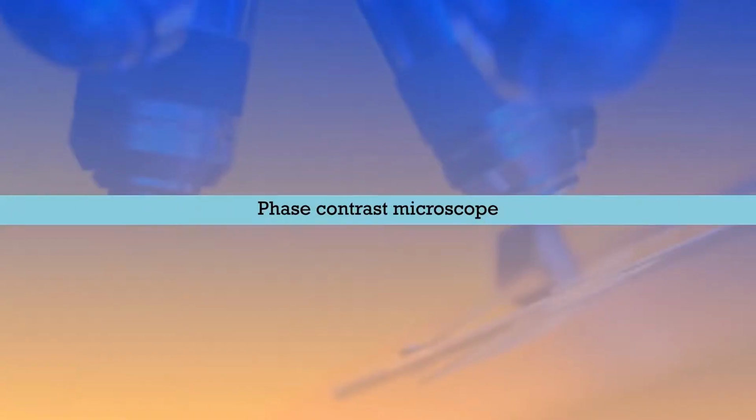Next, we'll see the phase contrast microscope. Phase contrast is the most frequently used method in biological light microscopy. In an ordinary microscope, the object is viewed due to differences in color intensities of the specimen, and to create this intensity, the specimen is first stained with a suitable dye which will impart a specific color.